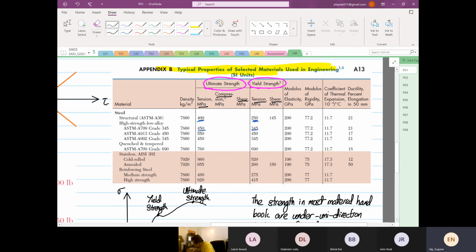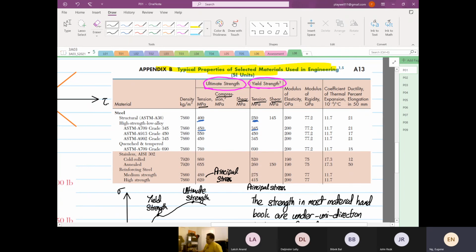So I'll write this one for you. These are all your principal stress. This one is also your principal stress. One is the principal stress in the ultimate strength.